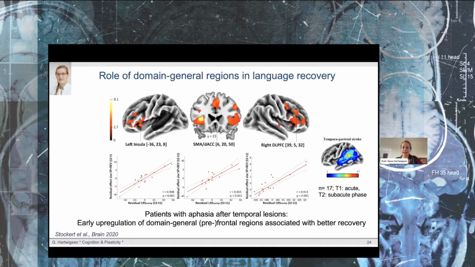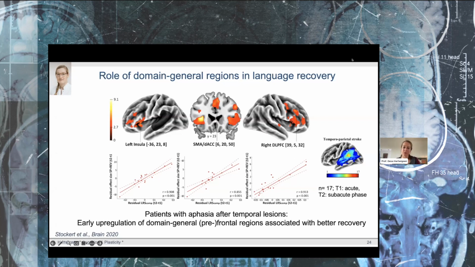And we found that at least in patients with brain lesions in the temporal parietal cortex, an early upregulation, so stronger activity from the acute to the subacute phase after stroke in domain general prefrontal areas, so left and right insula, right dorsolateral prefrontal cortex, midline structures in the SMA, is associated with better language improvements.